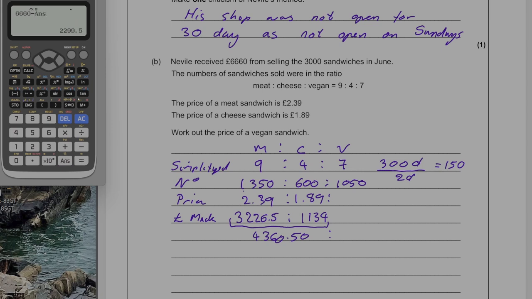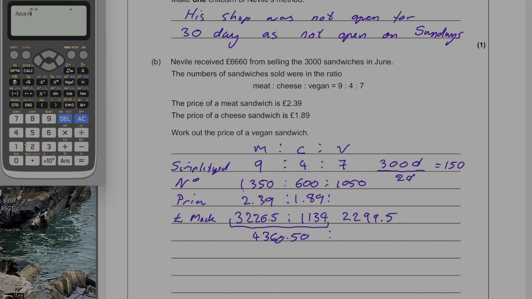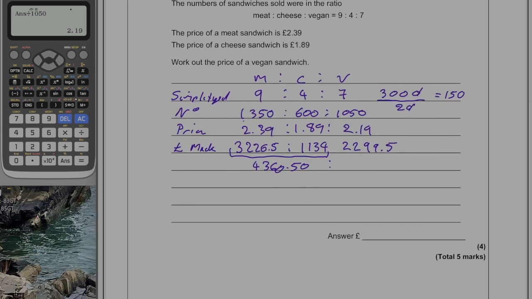So we've made £2,299.50, and if he sold 1,050, we divide that by 1,050, we get £2.19. So £2.19 is going to be his price for selling the vegan sandwiches.